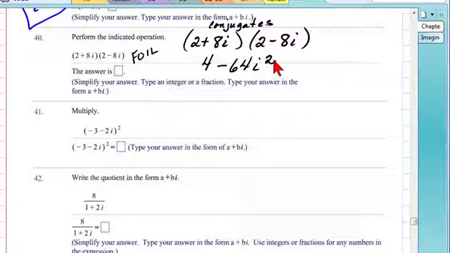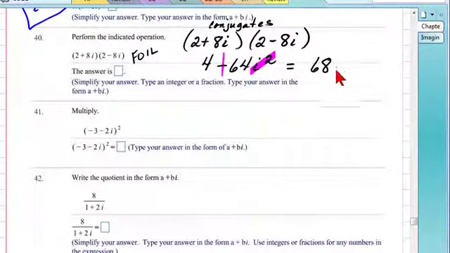Ding, ding, ding. There's an i squared. What do we do? Get rid of it, but what happens to the negative 64? It becomes a plus 64. This is now 68. And if they want the answer in a plus bi form, it's going to be 68 plus 0i.